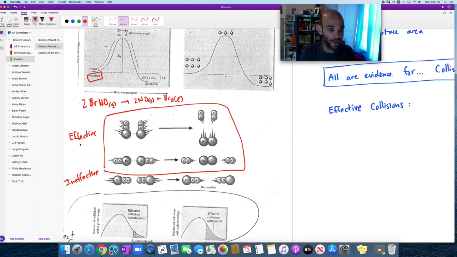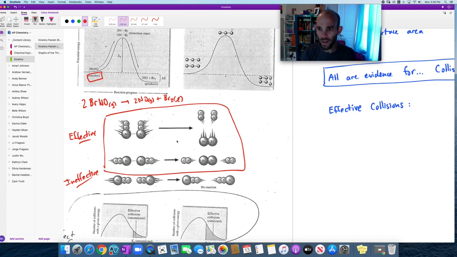Okay, so effective, which leads to the chemical reaction happening, and ineffective, which is just like a ping pong ball bouncing off of another ping pong ball. Okay, so it seems to be important that these molecules have a correct orientation, and it's also important that they hit with enough energy for some of those old chemical bonds to break apart and for new bonds to form.